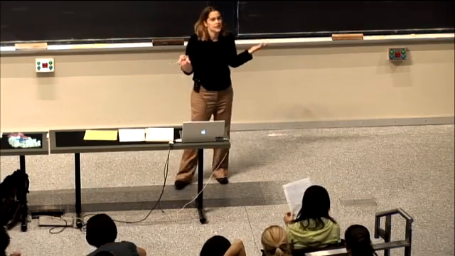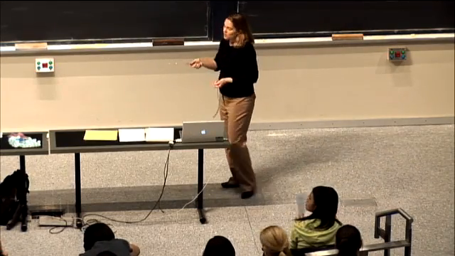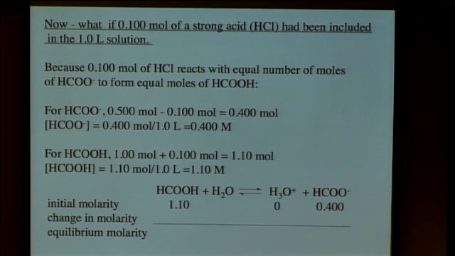So now we can do the same thing again. After we have added the strong acid, a new equilibrium is going to be reached. And so we can plug in this table as well. So we have 1.1 now over here and 0.4 on the other side. As equilibrium is approached, you lose some of the acid as it reacts with water and ionizes, and you form more of the H3O plus and more of the conjugate.